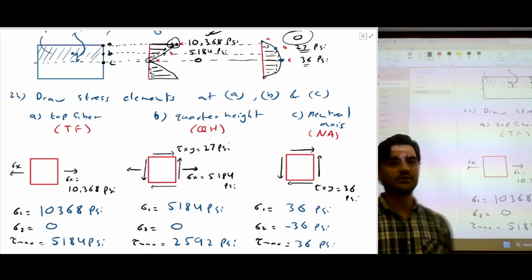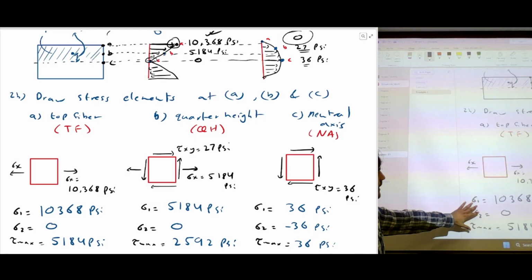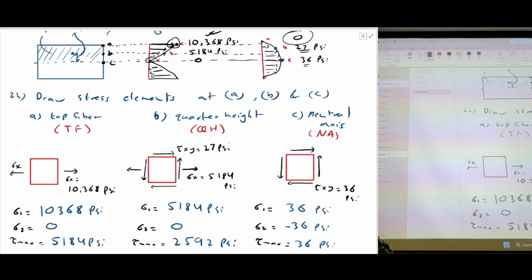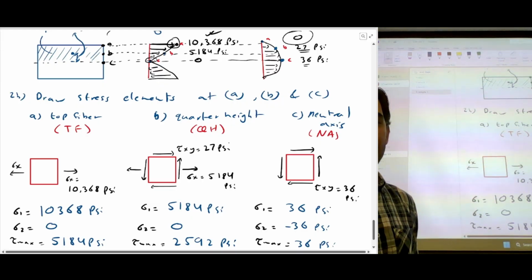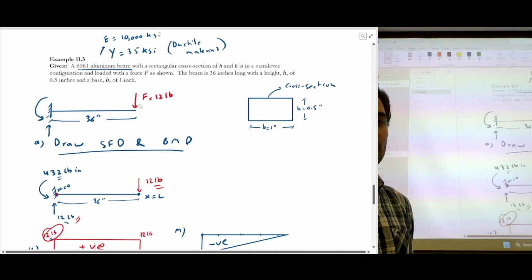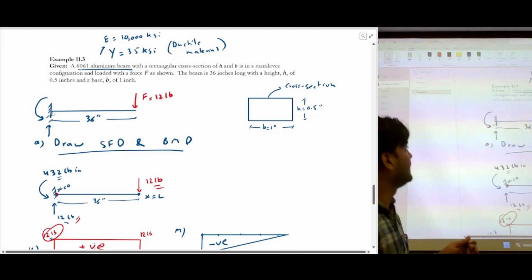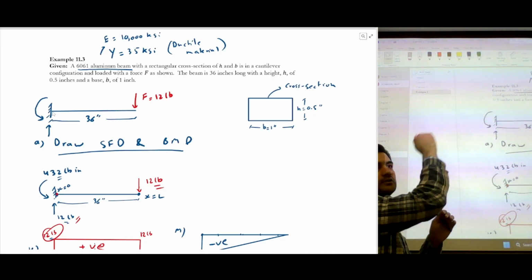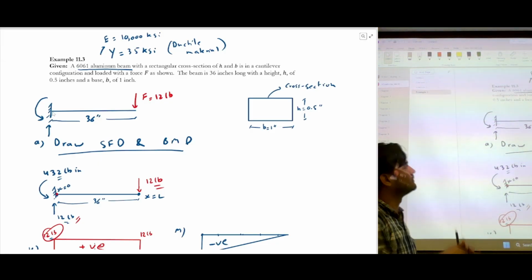So what we can observe is if failure will happen, it's going to happen at the top fiber. If you keep on increasing the load, you're going to break this cantilever beam at this point, and the break will start at the very top because that's where you're getting the maximum stress.